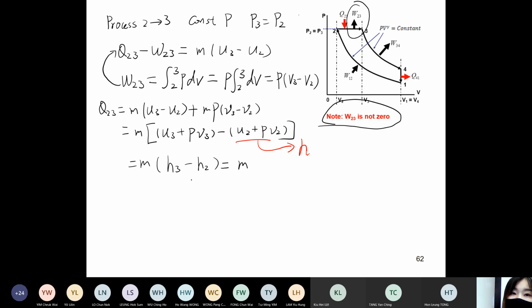Yes, specific heat at constant pressure, times T3 minus T2. Again, if we know the temperature, we can calculate the heat supply.